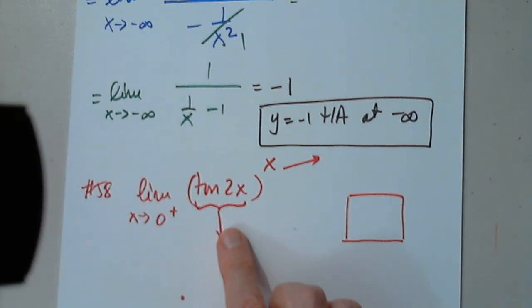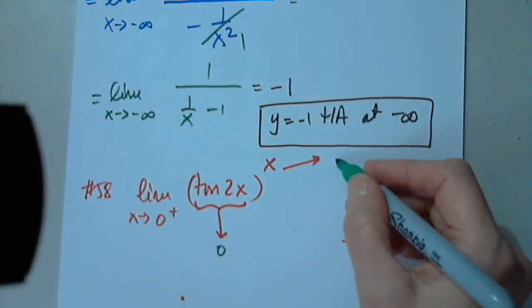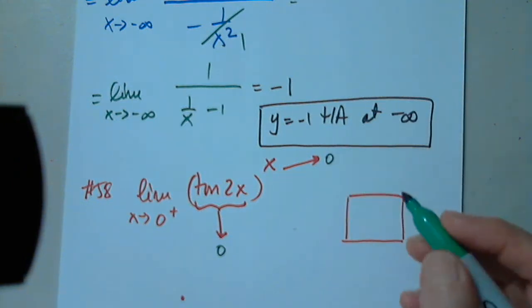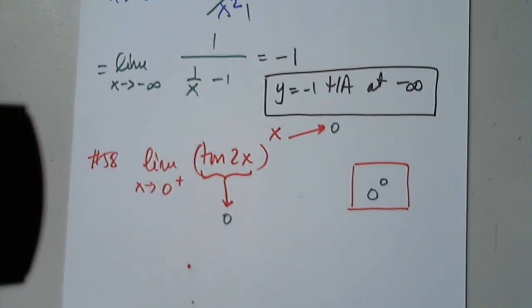Anyone, please? What about Mason? Approaches 0. Yes, good. What about this one? 0. Good. So the situation is ugly. 0 raised to 0. Good.